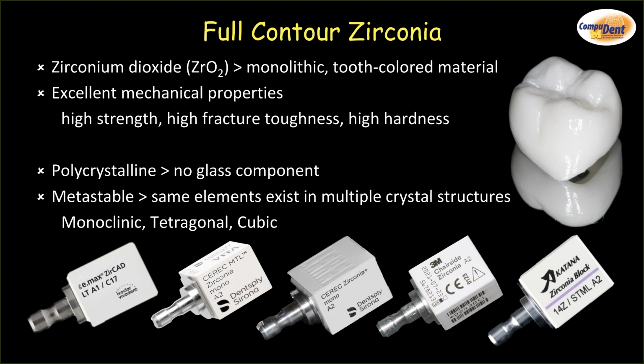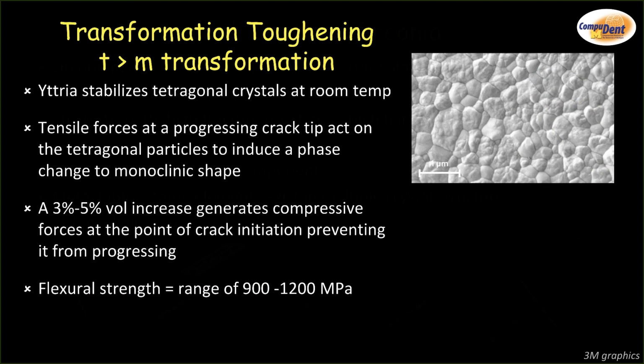Now, we say that it's metastable because these different crystal elements can exist in different combinations, depending on how the manufacturer sets up their material. And why is that important? Because the process that makes zirconia have its strength is called transformation toughening, or TM transformation.